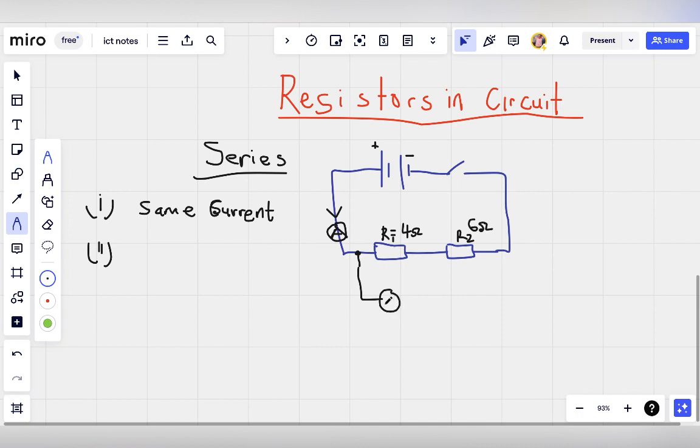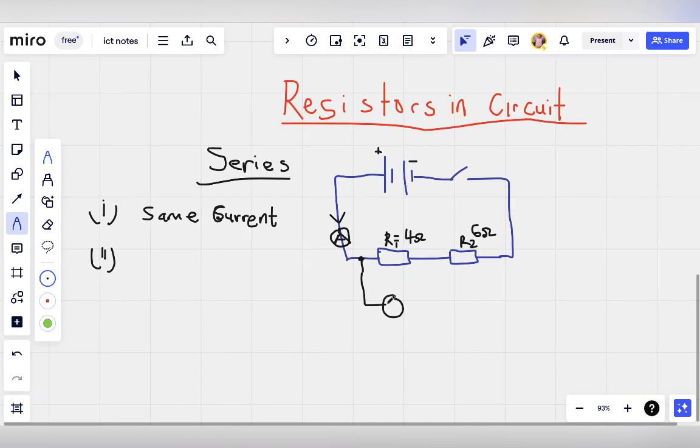Sorry, I said potential difference. I connect a voltmeter parallel to this resistor, across this resistor.